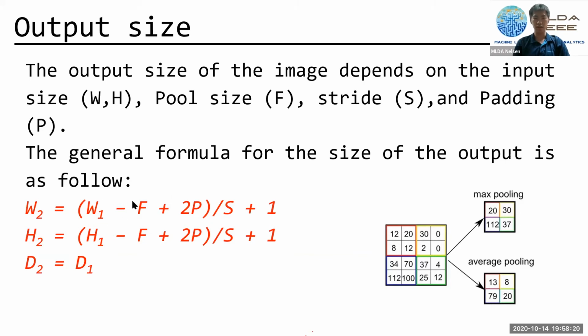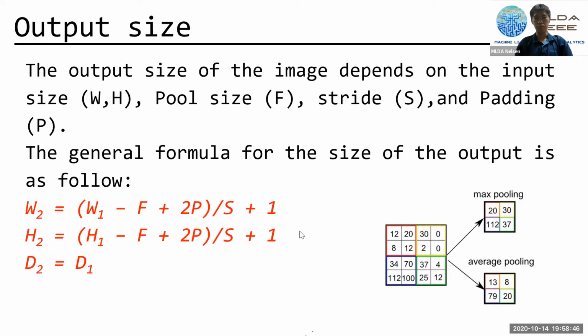So it depends on your pool size or your filter size, your pooling, and the number of strides. So it can be reduced, or it can be increasing, but usually it won't be increasing, it will be reduced, or it will be the same size.